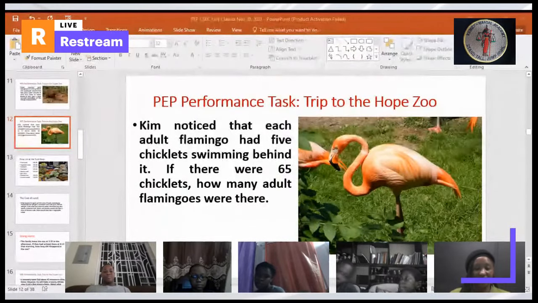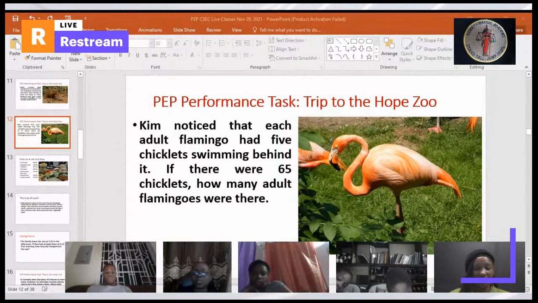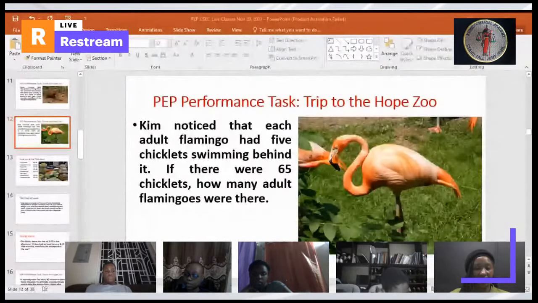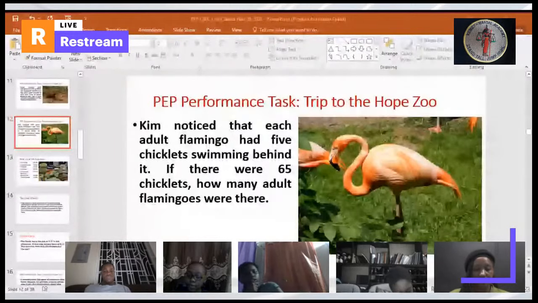Antoine, how you got 13 for that? How I got 13 is because 5 times 12 will give you 60. Then I add another 5, that will give you 65. So 13 times 5 will give you 65.